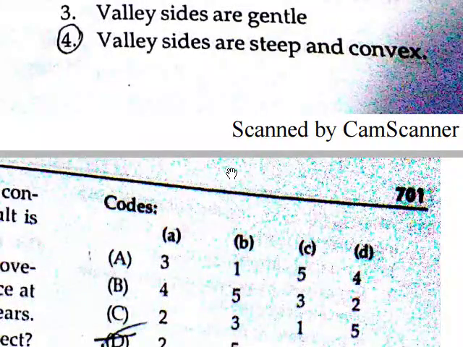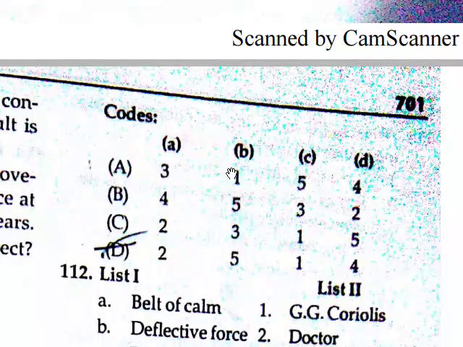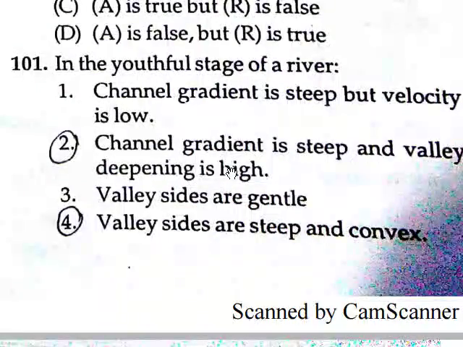Correct answer: it is mainly channel gradient. Valley sides are steep and convex. Okay, 4 is the correct one.